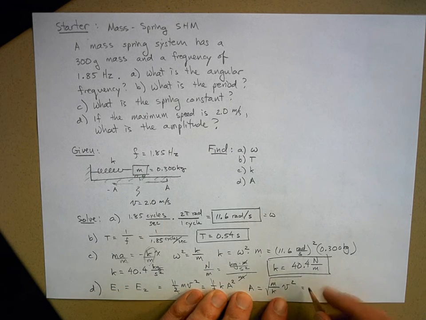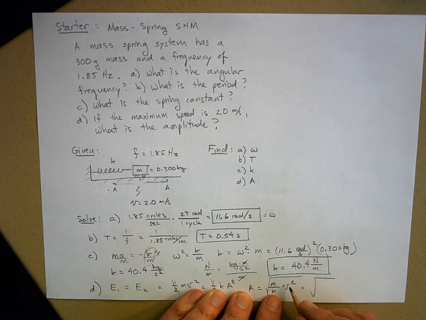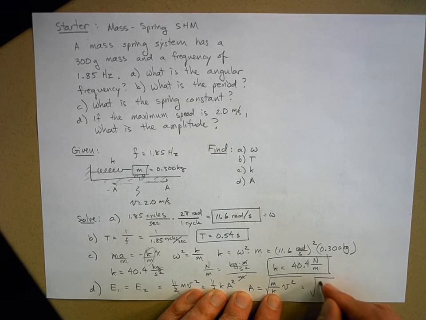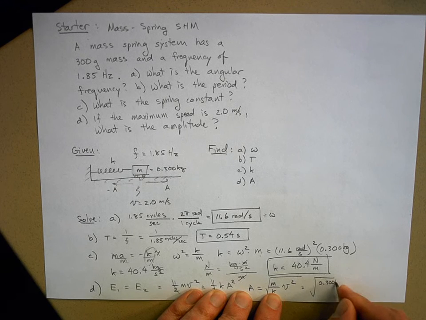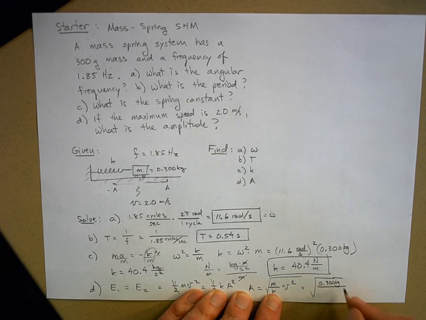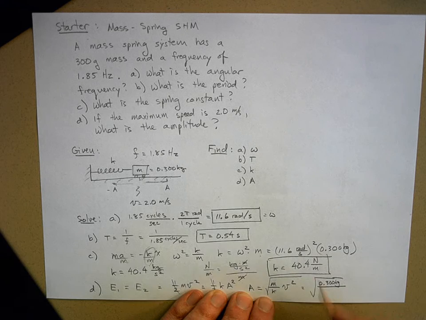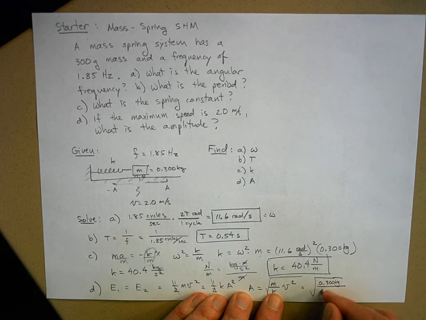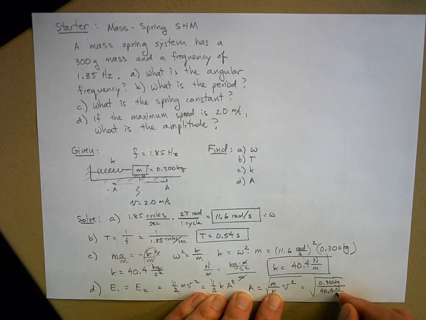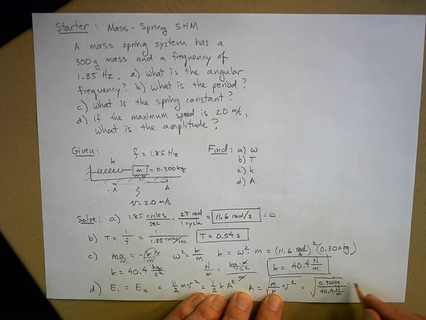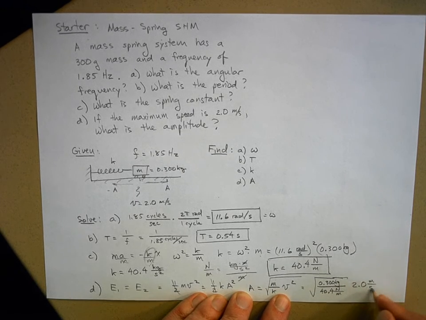So, well, let's just plug in the values and then we'll go over that other thing. So m is given to be 0.300 kilograms divided by K, which we calculated to be 40.4 newtons per meter. And then we're going to take that and multiply it by the velocity, which is given to be 2.0 meters per second.